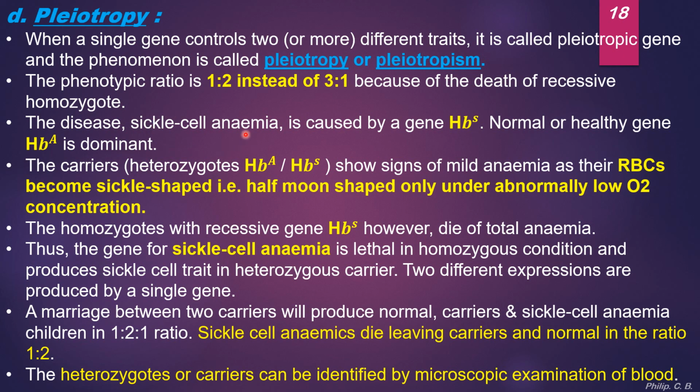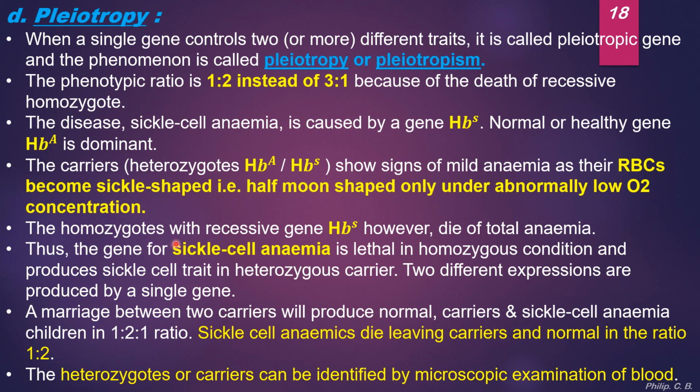The disease sickle cell anemia is caused by a gene HbS; the normal or healthy gene is HbA, which is dominant. So the normal gene is usually dominant, and the sickle cell gene is HbS. The heterozygous carrier, HbA HbS, shows signs of mild anemia as the RBCs become sickle shaped, that is half-moon shaped, only under abnormally low oxygen concentration.